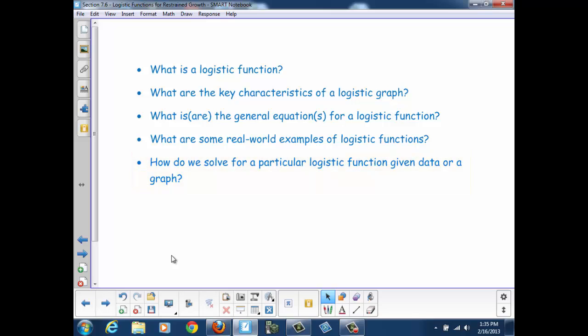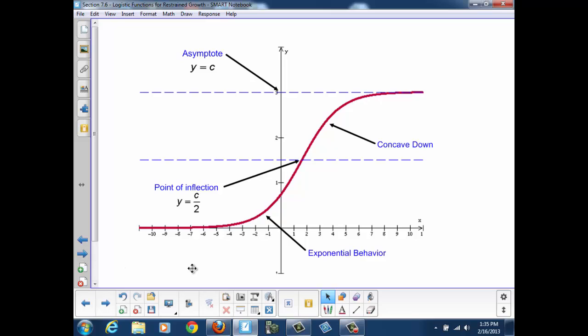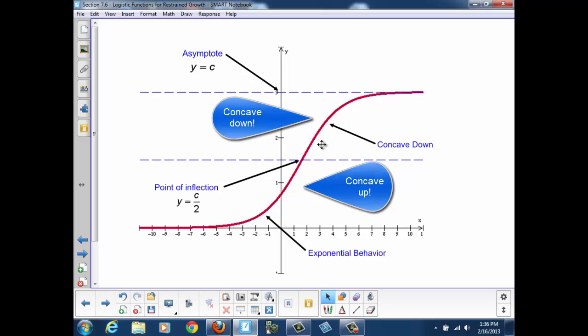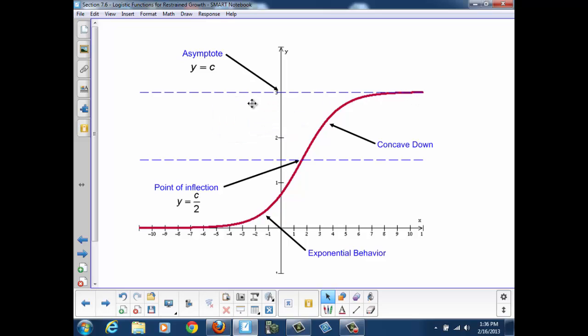Well, let's talk about what a logistic function is. A logistic function is a graph that looks like this, which has a lower bound and an upper bound. We start low, we have this rapid increase in the values of y, similar to an exponential graph, and then halfway through our journey from the lower bound to the upper bound, our graph starts to slow down and changes from a concave up graph to concave down, eventually leveling off at this upper bound, which we'll call C for the purposes of discussion.